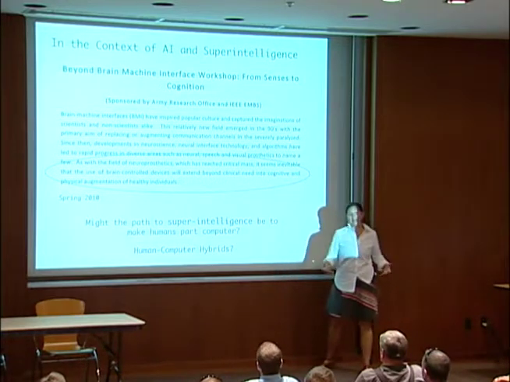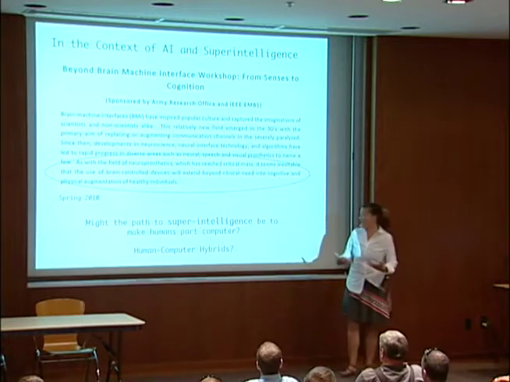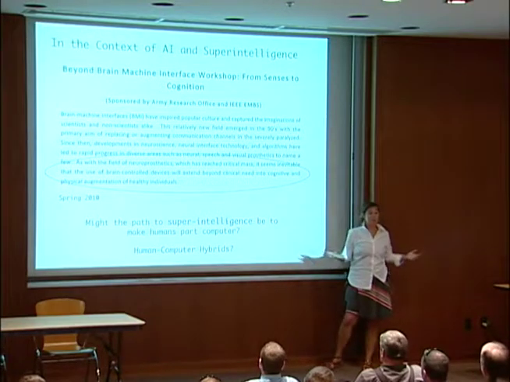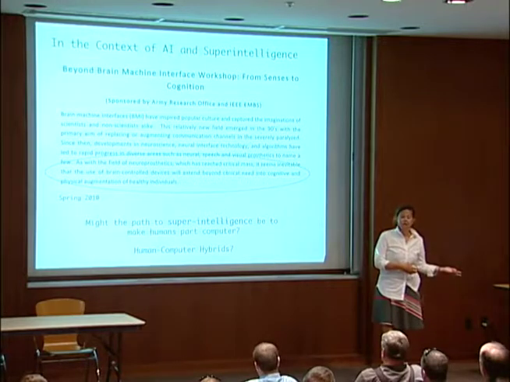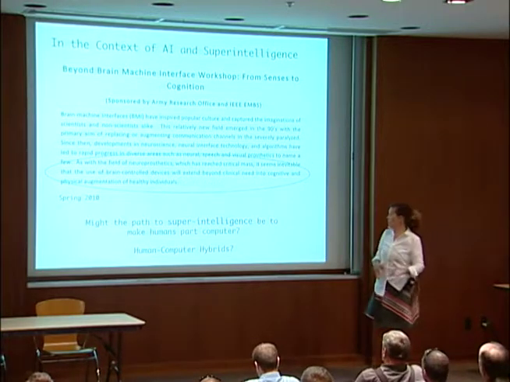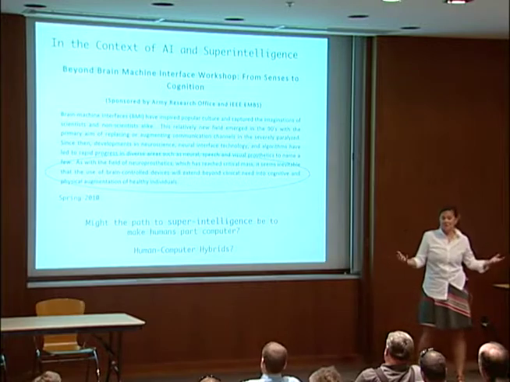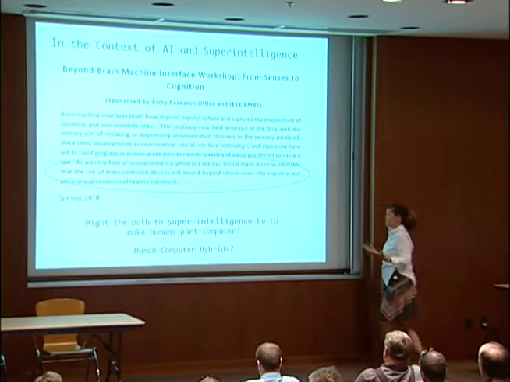As we're talking about AI, I think it's important to talk about this hybrid environment. Might the path to superintelligence be to make humans part computer? Rather than making computers more like us, trying to reverse engineer the brain, might we connect computer functions and algorithms to us? That's another possible route.